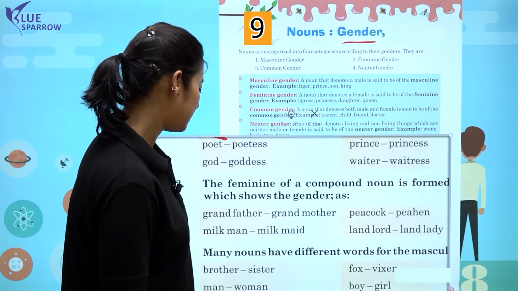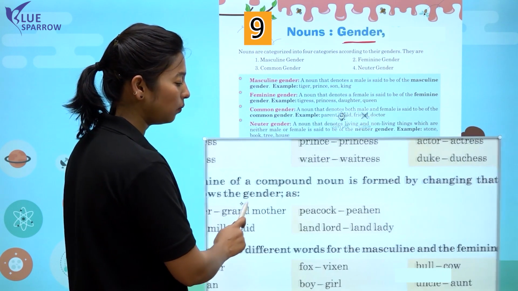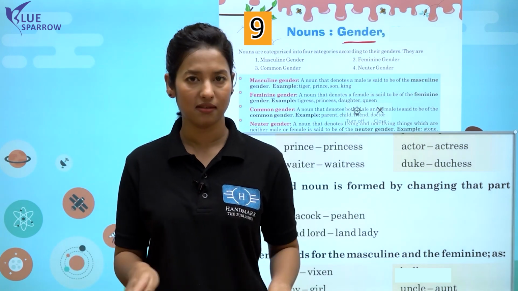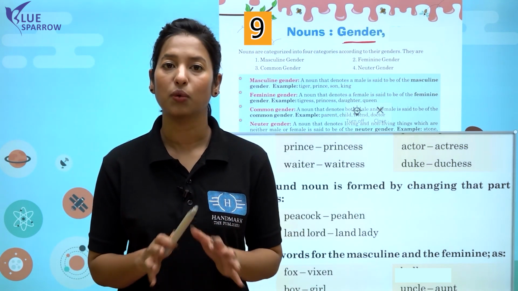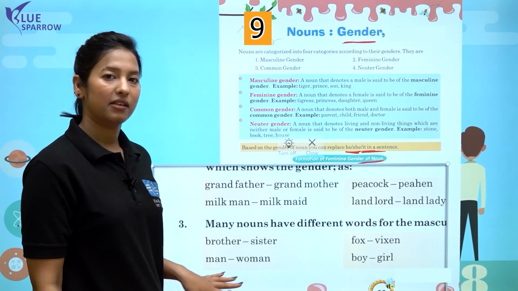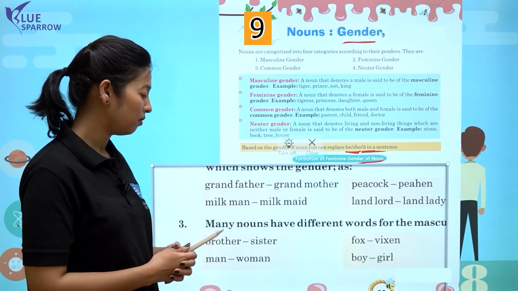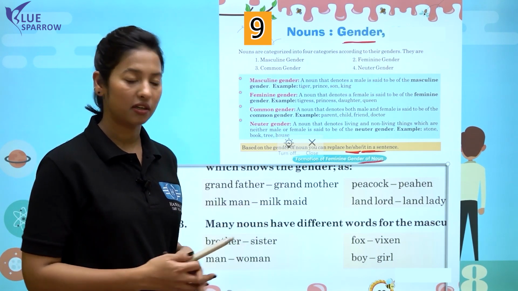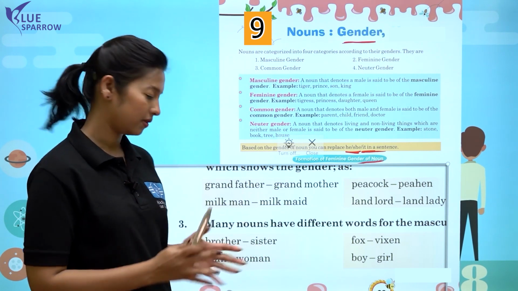The next rule says many nouns have different words for the masculine and feminine genders. Means we do not change them, we have a separate word for them. For example, brother. Brother is a masculine gender, but sister is a feminine gender. Both are totally different words.